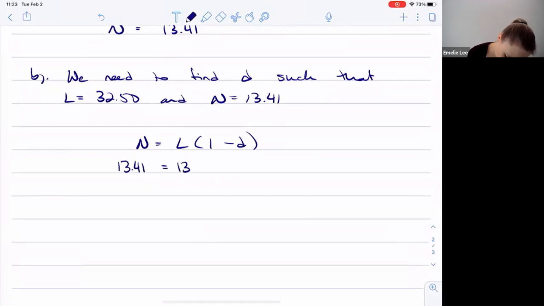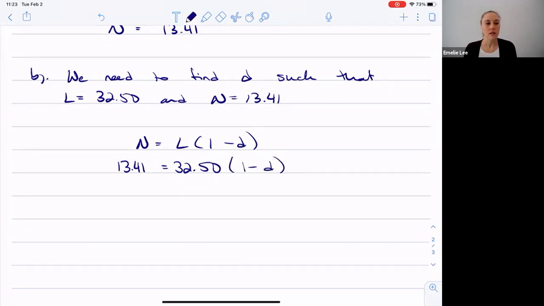So 13.41 has to be the same as 32.50, almost wrote 13.41 again, times (1 minus D). Solving for D, right, I want to get 1 minus D on its own, which means I have to divide both sides by 32.50.